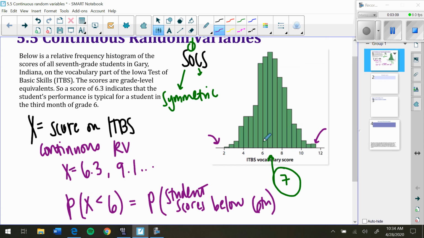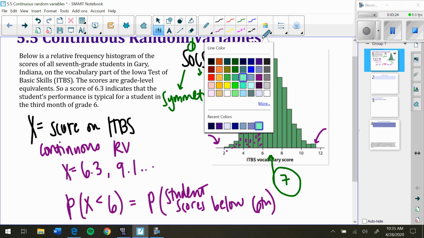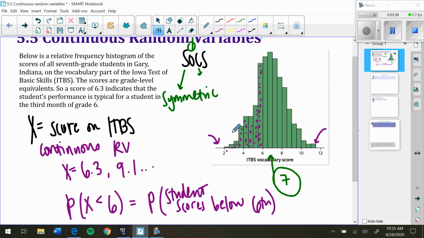Well, technically, we would need to find this area right here, how often that's happening and how often it's happening here, and all of this. And while we could do that, we actually, as statisticians, do something. First, we create something called a density curve, and I'm going to draw it on the next slide, actually.